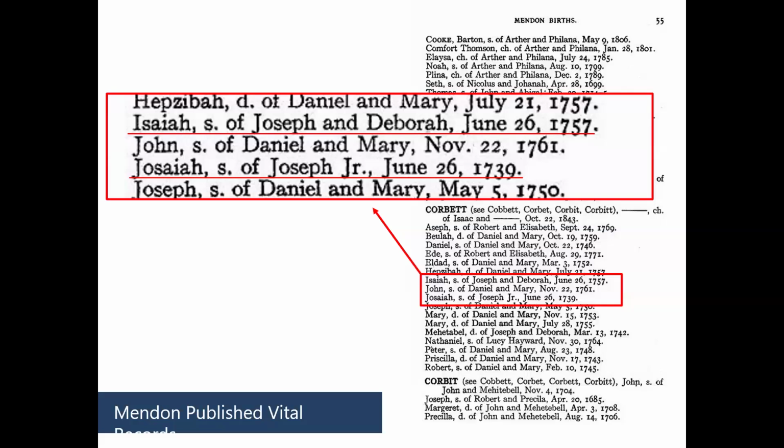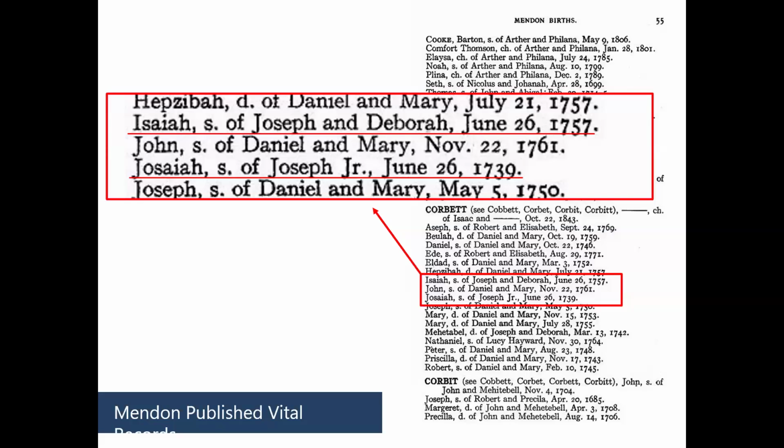This is Mendon, and I have highlighted a rectangle of certain individuals, and then in the enlarged rectangle, I have underlined Isaiah, son of Joseph and Deborah, born June 26, 1757. And then there is what looks like a Josiah, son of Joseph Jr., born June 26, 1739.